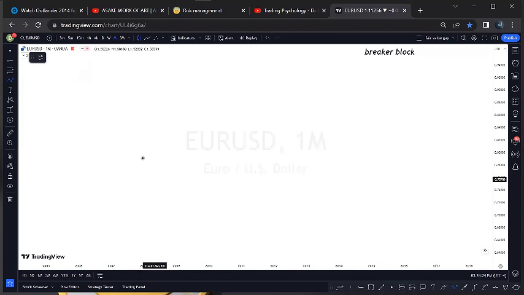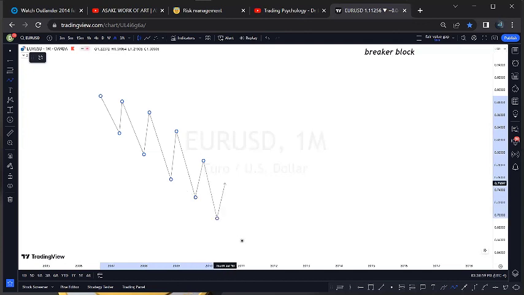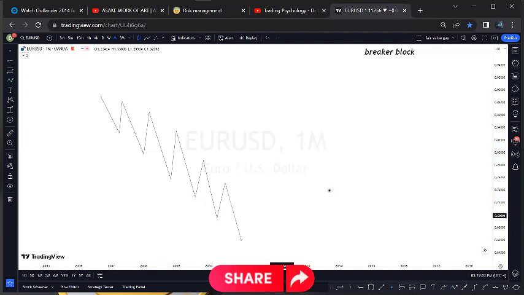Now, market structure of a bearish movement gives you a higher high, a higher low, a lower high, a lower low, a lower high, a lower low, a lower high, a lower low, a lower high, a lower low. So you can agree with me that this is a downtrend.